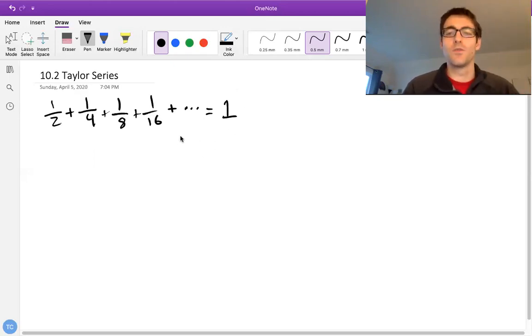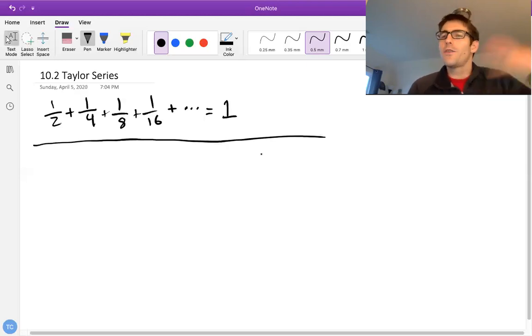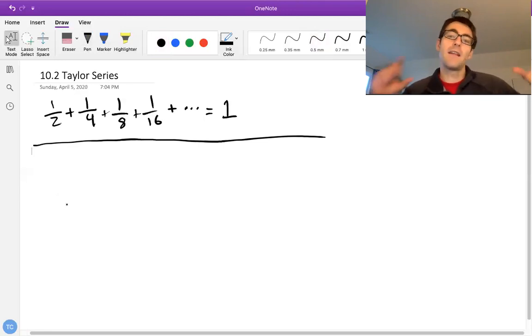Okay, so we're going to do the same type of thing with these Taylor polynomials and Taylor series. So up until now, we've been saying, hey, we can come up with a pretty good approximation of a function f of x by looking at, let's say, a second degree polynomial, or a third degree, or an nth degree polynomial. And those are all pretty good approximations.